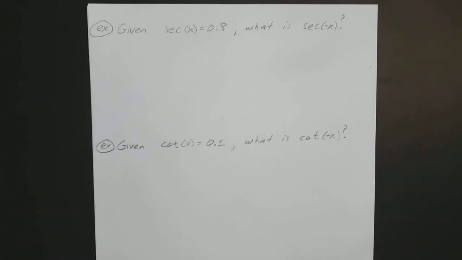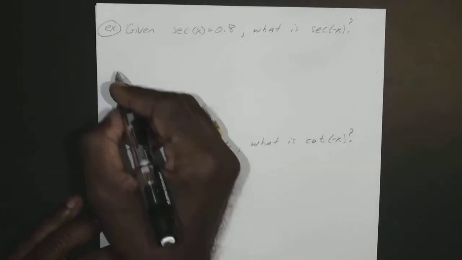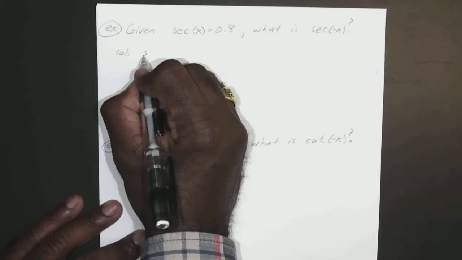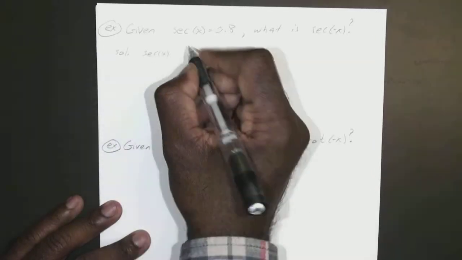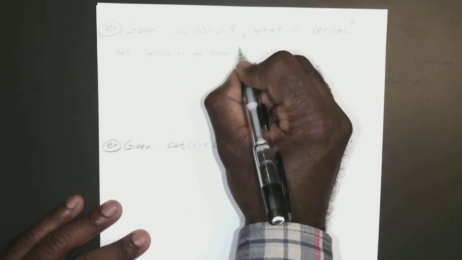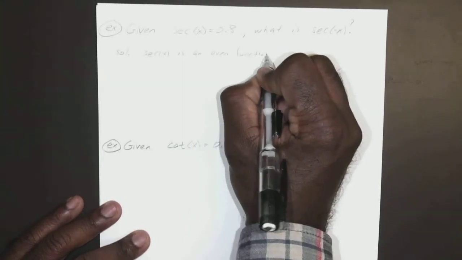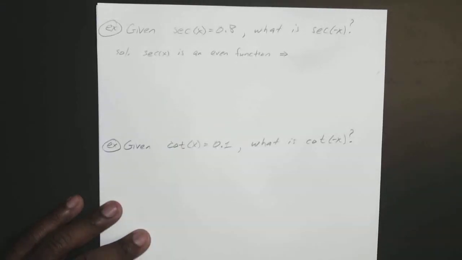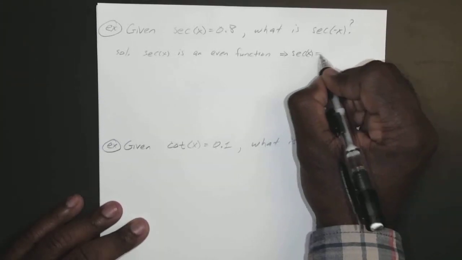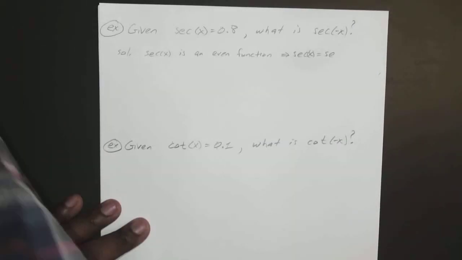All right, so for these, we know that secant of x is an even function. Okay? So since it's even, we know that secant of negative x equals secant of x.